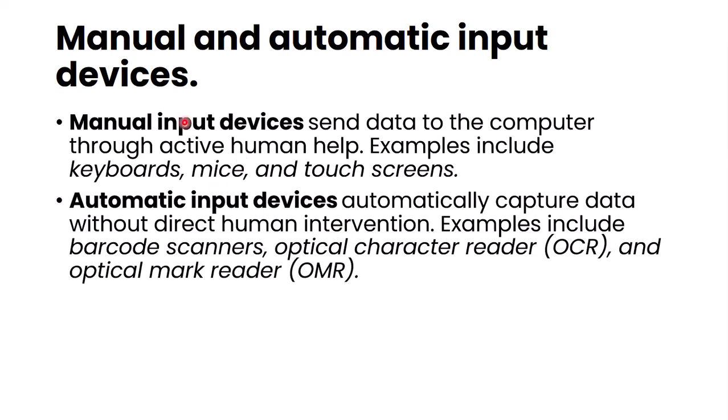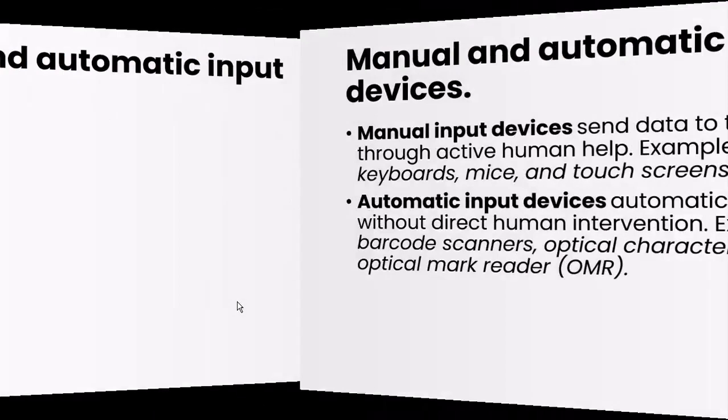So the degree of human interference in the manual is quite higher than the automatic input devices. They include a barcode scanner or barcode reader, an optical character reader, and an optical mark reader.